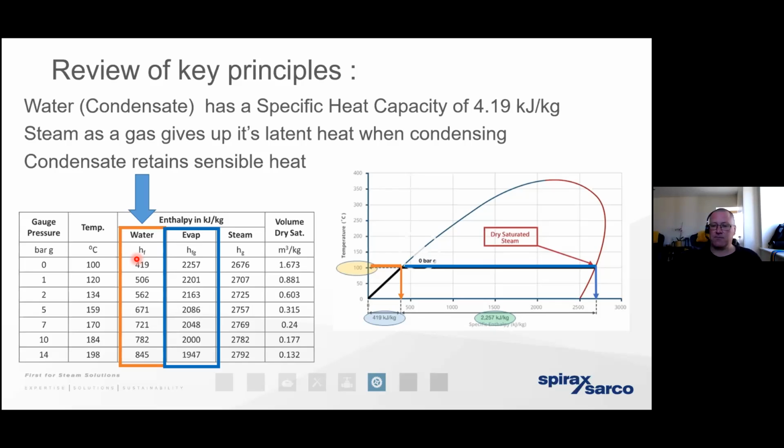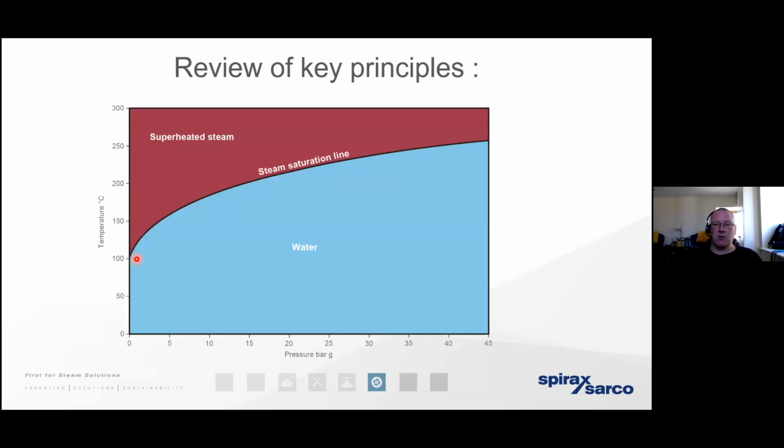So there's another physical property that we can take away from the steam tables, and that's the pressure-temperature relationship. So for example, if we're generating steam at a nice high pressure in the boiler, we know that if water boils at 10 bar gauge, the temperature of the boiling water is 184 degrees, and therefore the temperature of the steam is 184 degrees.